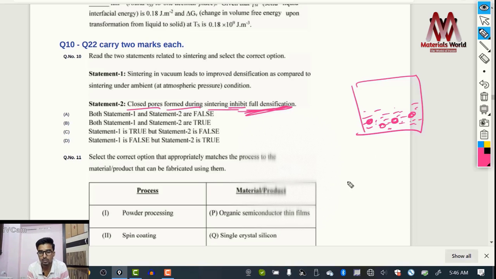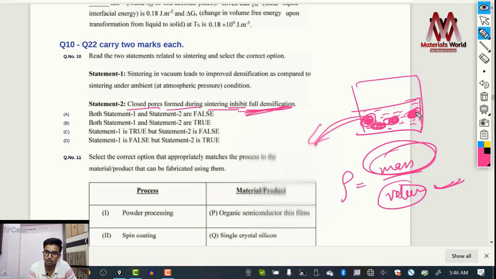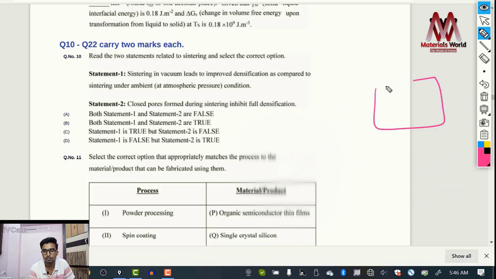Yes, it is, because density is simply mass by volume, right? By introducing pores we are increasing the volume, but we are not increasing the mass. The mass is constant, and if we increase the volume, the density will decrease. So basically these pores are empty places. So the closed pores formed during sintering inhibit full densification. It is also true. So both statement 1 and statement 2 are true, so option B is correct.